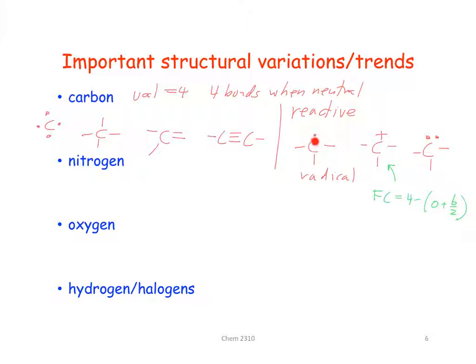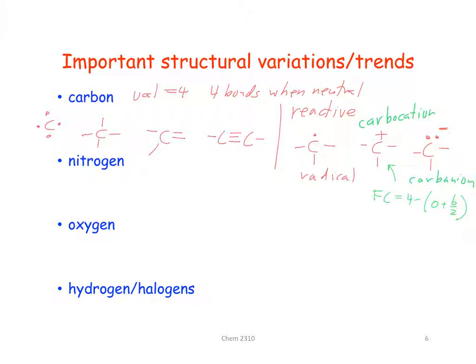We add 1 more electron to go over to here. What should it be? This is going to be a minus charge. This one is called a carbocation. We're going to learn a lot about those in a few chapters. And this one would be called a carbanion. So these are all the different possible forms of carbon.